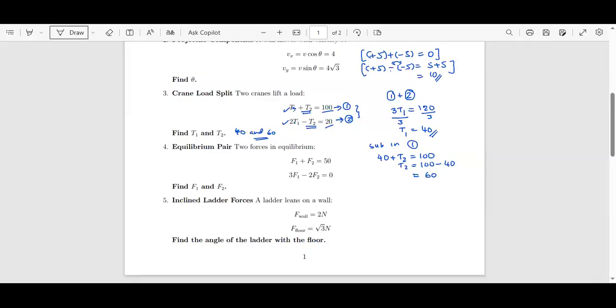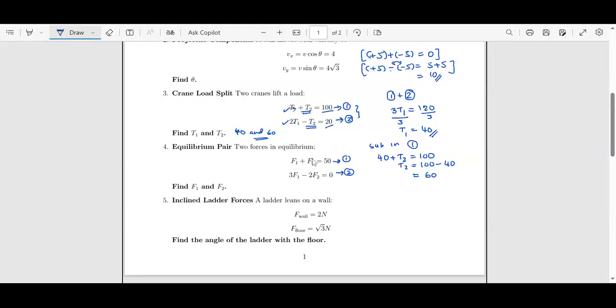So what you have to do is some alterations to this. This is the first equation, this is the second equation. You can take one of these equations, let's say the first equation, it looks a little simpler.